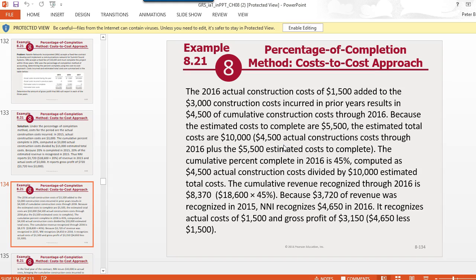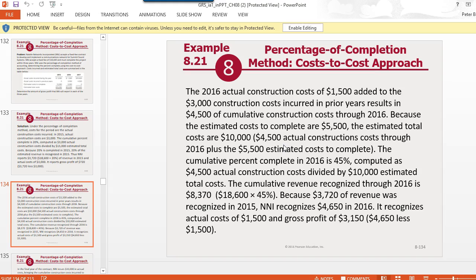The cumulative revenue is 18,600 times 45%. But that's not the revenue we're going to recognize in 2016. It's the cumulative revenue, meaning for 15 and 16, our total revenue should be 8,370. But we recorded $3,720 of revenue in 2015. So we can't record 8,370 in 2016.